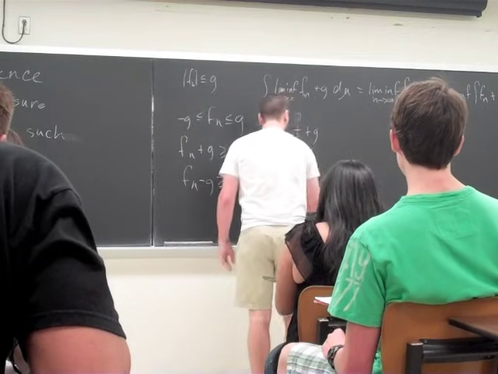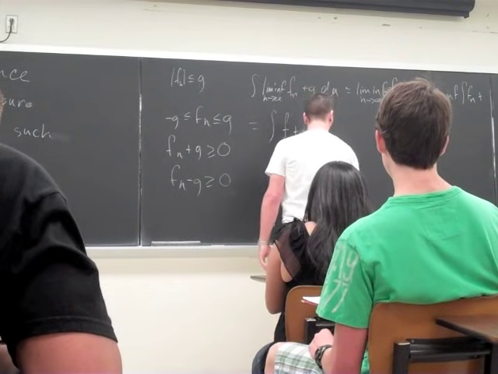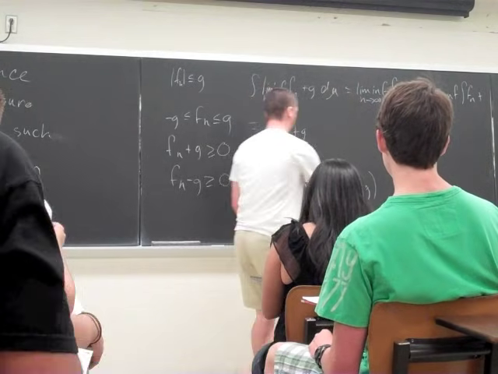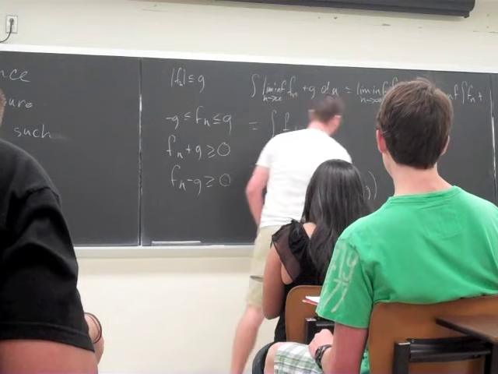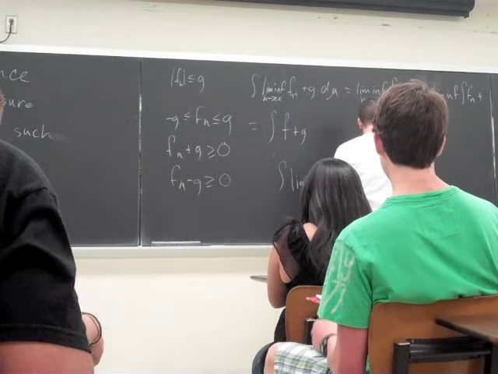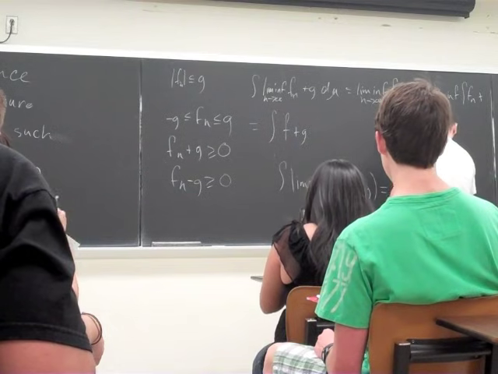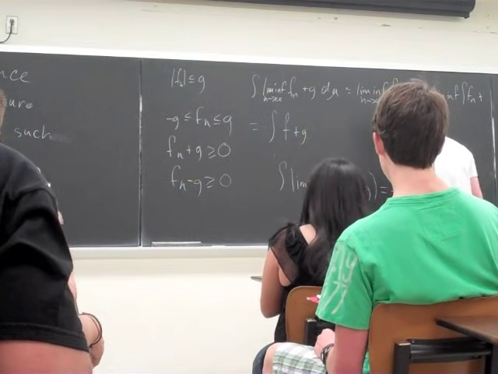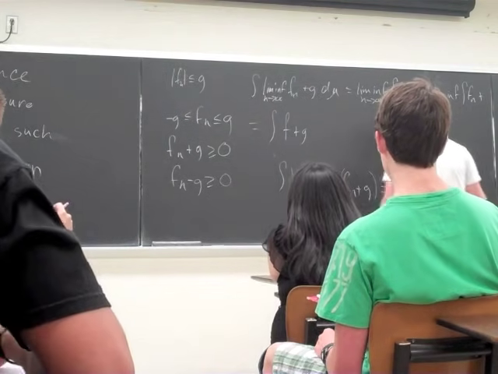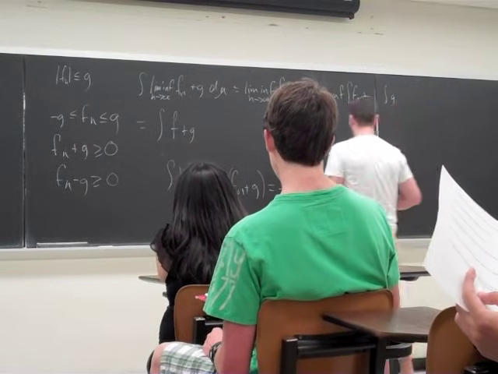So the integral of the lim sup of minus Fn plus G, and we use a similar argument to say that this is equal to the minus of the limit of the integrals of Fn plus G. And this, of course, converges to the integral of F.